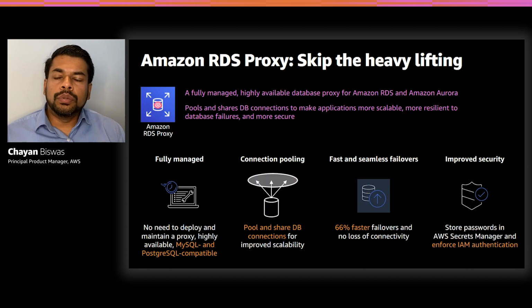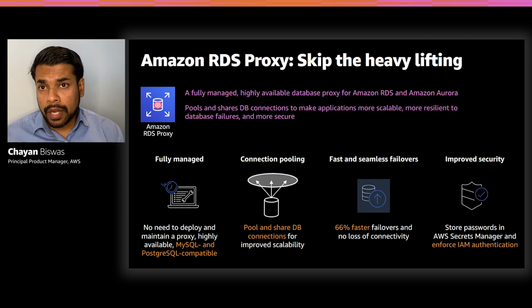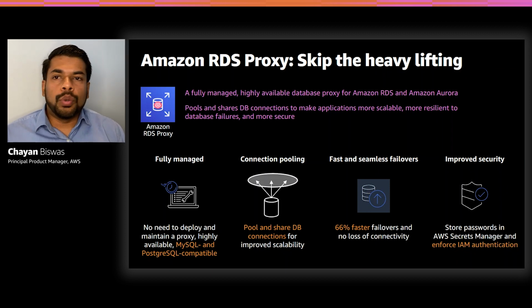When it comes to security, RDS Proxy integrates closely with Secrets Manager. And so you don't store any credentials in the proxy itself. Secrets Manager is, again, a managed service where you can store your usernames and passwords, things like that, secrets. And it also gives you the ability to enforce IAM authentication.